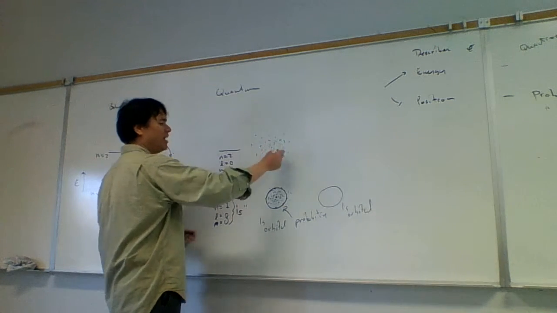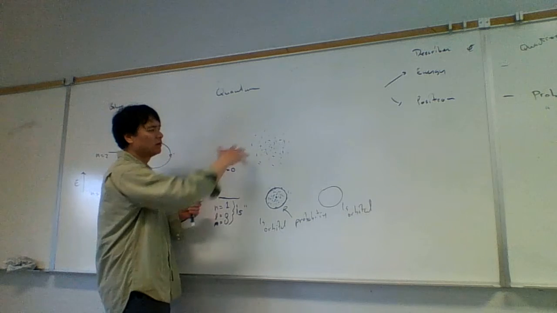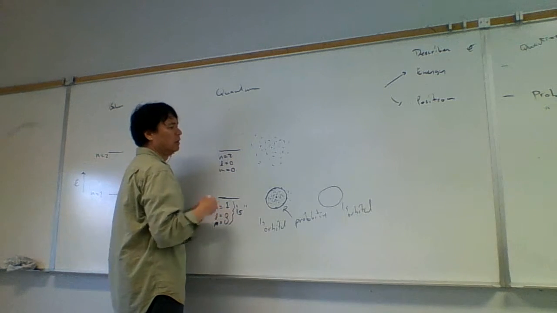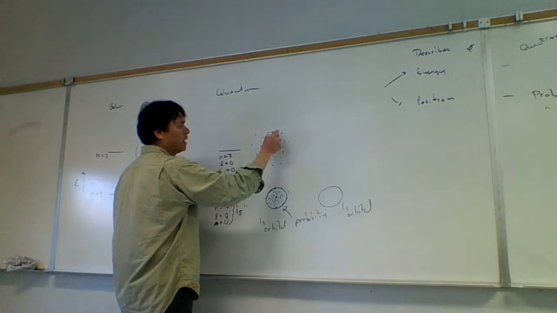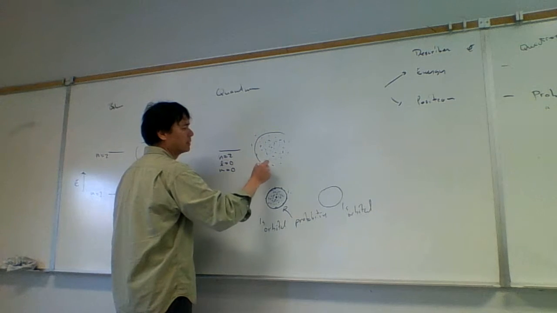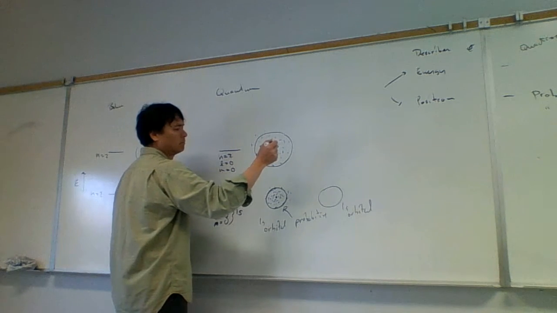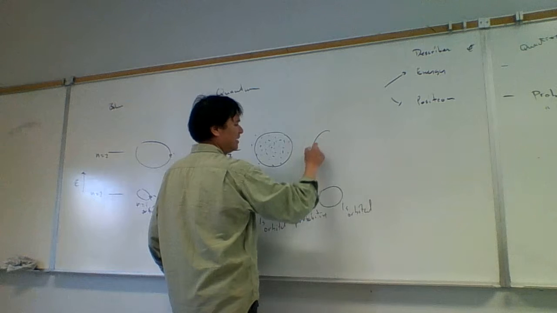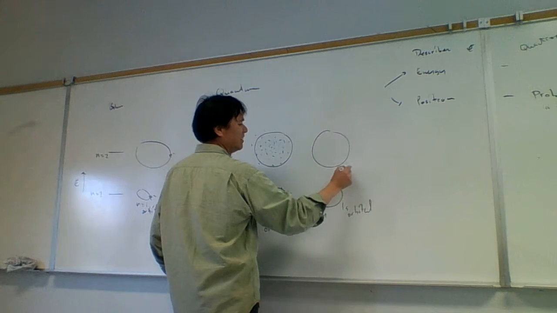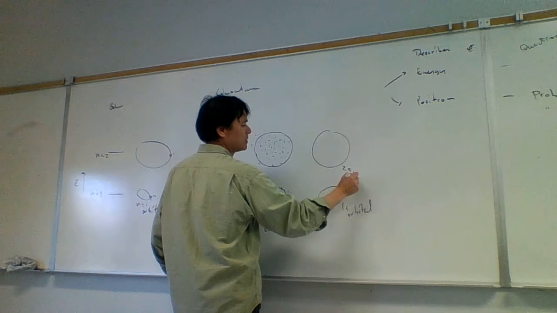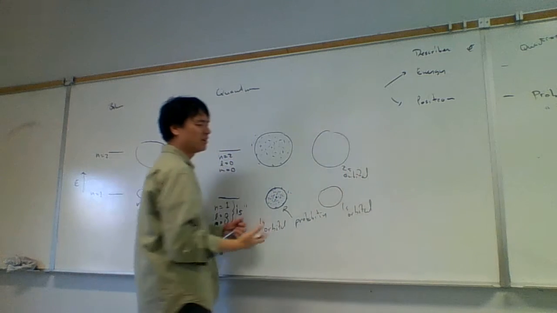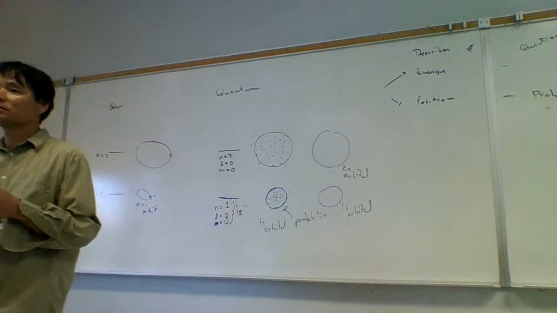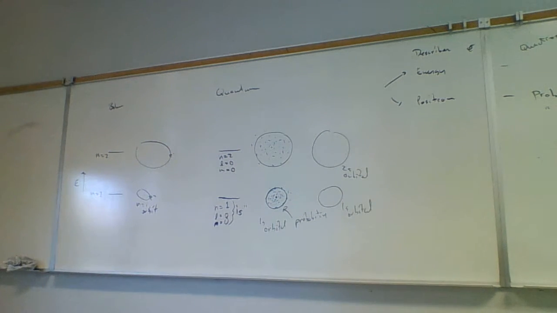So again, we're going to have a spherical distribution over this, and then we'll make our 95% boundary something like this. And so we'll call this the 2s orbital. The 2s orbital versus the 1s orbital, what's the difference? Well, they're both spherical. The difference is the size. The 2s orbital is a lot bigger than a 1s orbital.